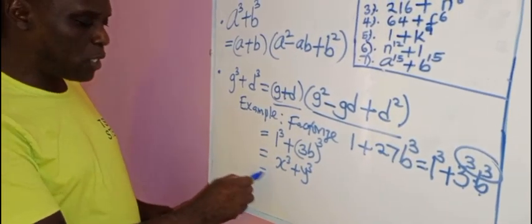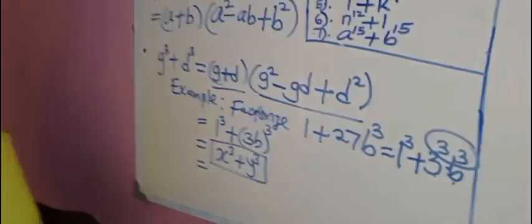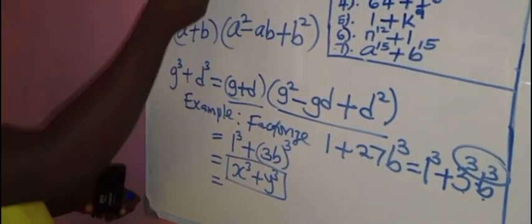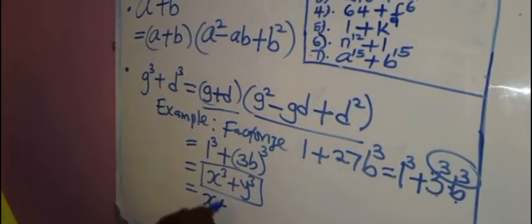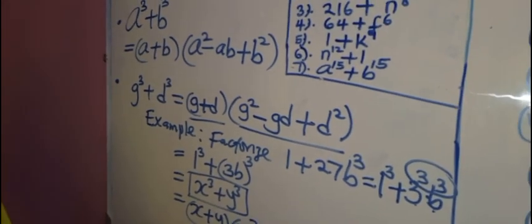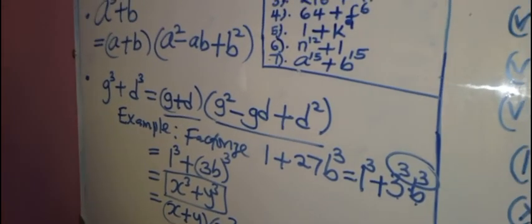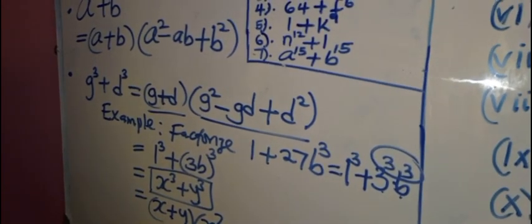Now this one is not part of it, but you are going to use it as a formula, okay? What is this in the sum of two cubes method? This is x plus y. Then you pick one x, you square it. Since this is plus, minus will follow. You pick one x and one y, multiply together, xy. It always ends with plus.